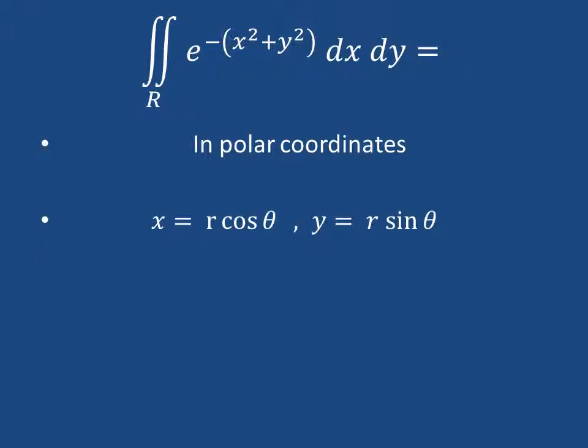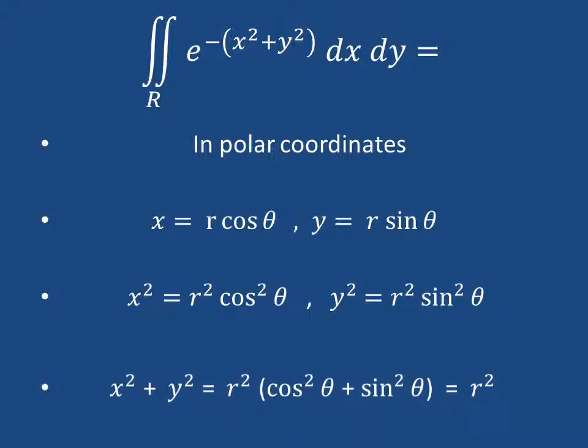In polar coordinates, x is equal to r cosine theta, r the radius, theta is the angle, y is equal to r sine theta. When we make our substitutions for x squared and y squared, we will substitute r squared cosine squared theta for x squared, r squared sine squared theta for y squared.